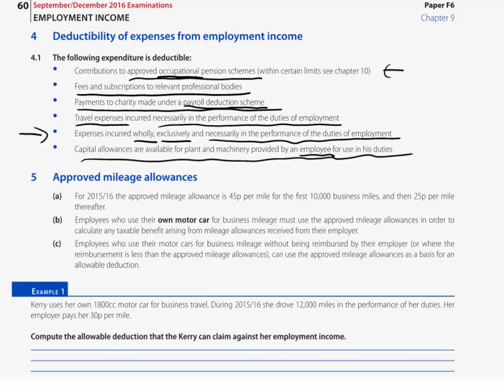So if you've got a salary of $20,000 and the company, your employer, has paid travel expenses on your behalf, flight costs, travel on train costs, bus costs, etc., of say £2,000, then that will be included as part of the employment income. That then would form the basis of an allowable deduction against that employment income, that when paid for by the employer, they have been incurred wholly, exclusively, and necessarily in the performance of the duties of employment, so exactly the same sums come out as allowable deductions.